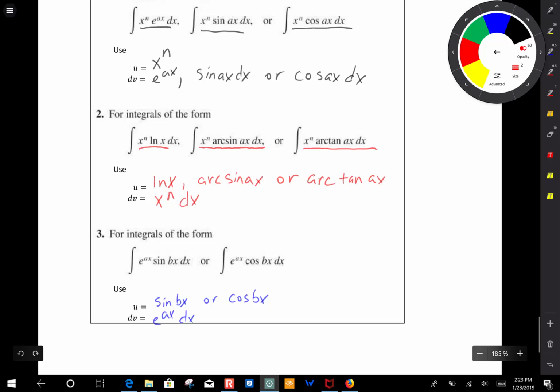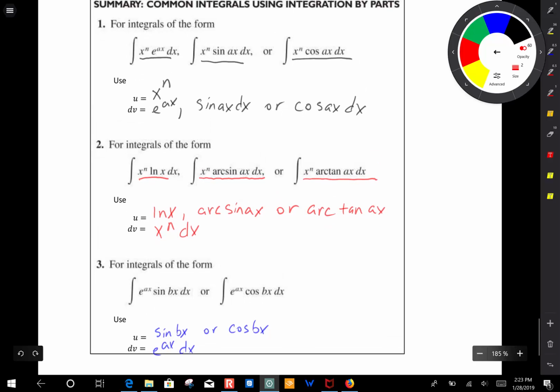Now, again, this is a nice little summary. But notice we've been using that little mnemonic, the LIATE. If you notice, number 3 here, they're saying let u be the trig and dv the exponential.